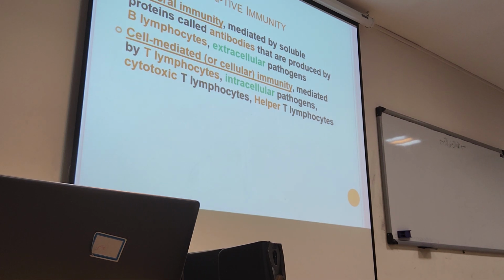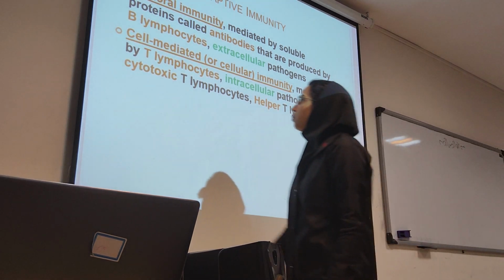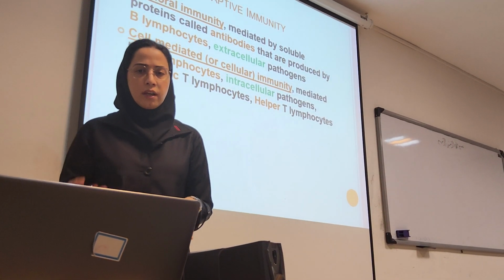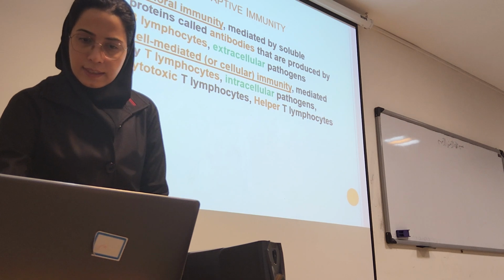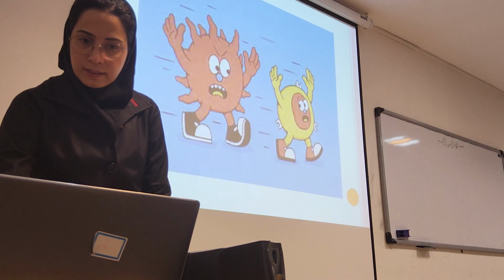And in humoral immunity, exactly, we have B cells, plasma cells, antibodies. In cellular immunity, we have T cells, T helper, T cytotoxic, and we have production of cytokines or cytotoxicity and things like these.